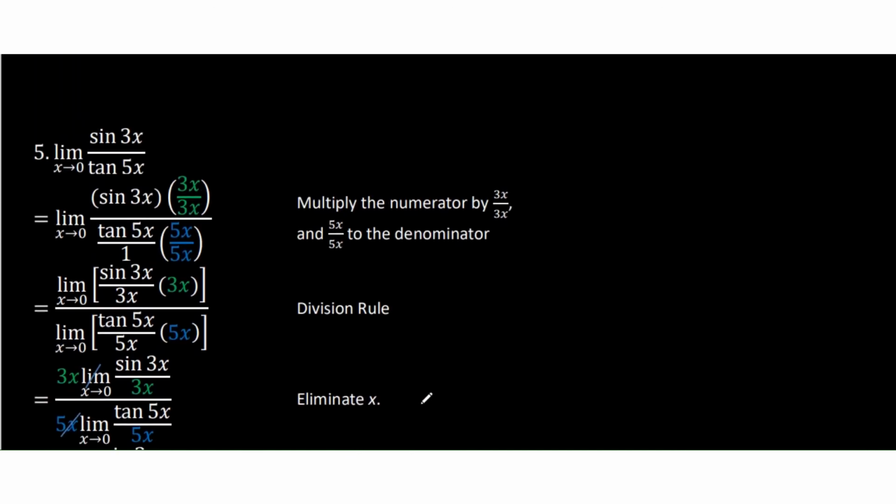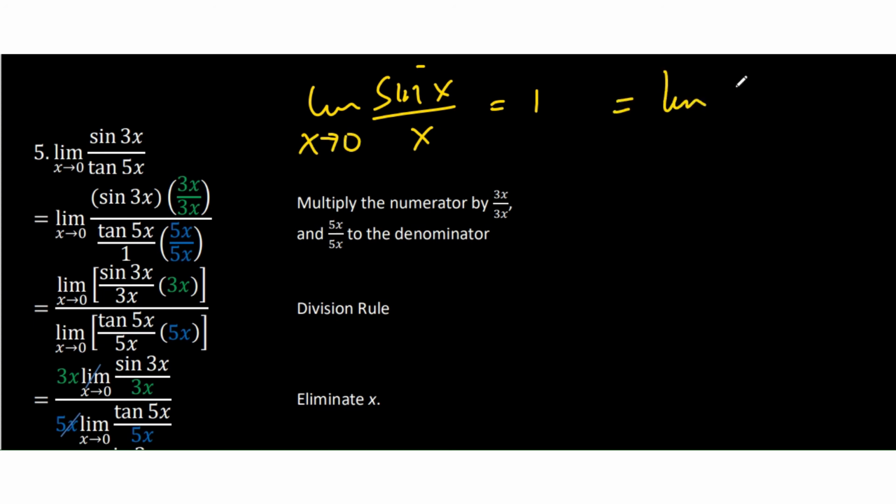Now on the fifth example, sine 3x over tangent 5x. Sine x over x is 1 when it comes to limit. That is also equal to the limit of tangent x over x as x approaches 0. So they do the same, okay? So here we can just immediately have 3x over 3x, 5x over 5x.